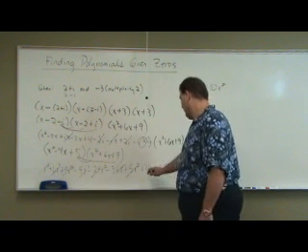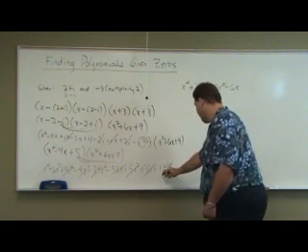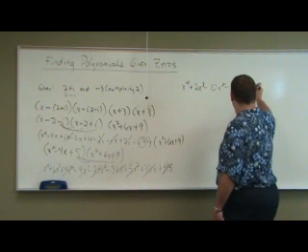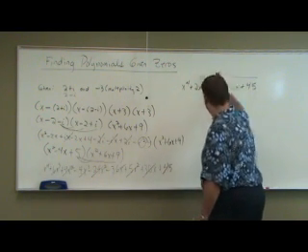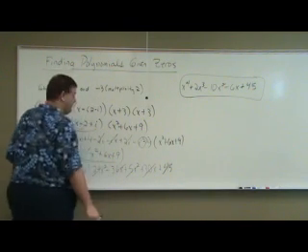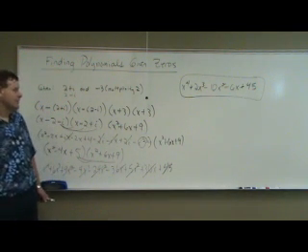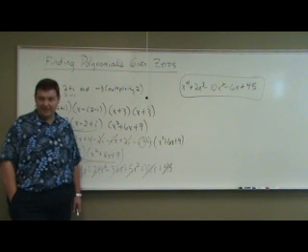Negative 36x and 30x, and then plus 45. When you check them off, you can look back and make sure they're all checked off and you didn't miss anything. Okay, so this is the polynomial that has those zeros. So not hard, stuff you already know how to do, but it's kind of tedious and mundane.